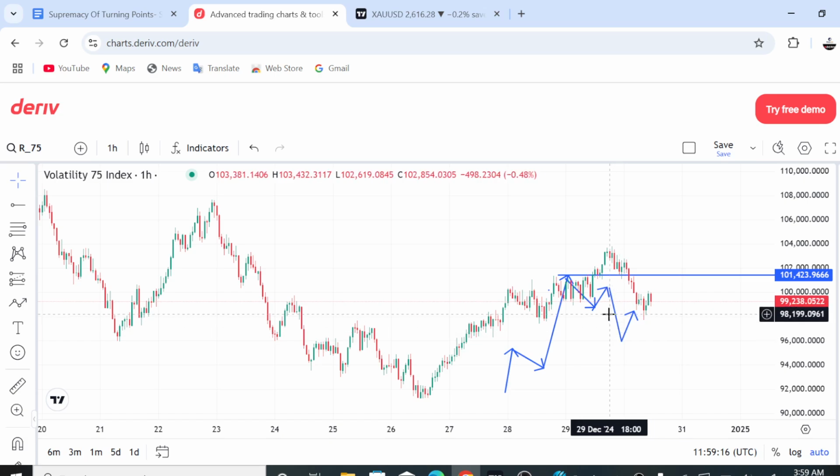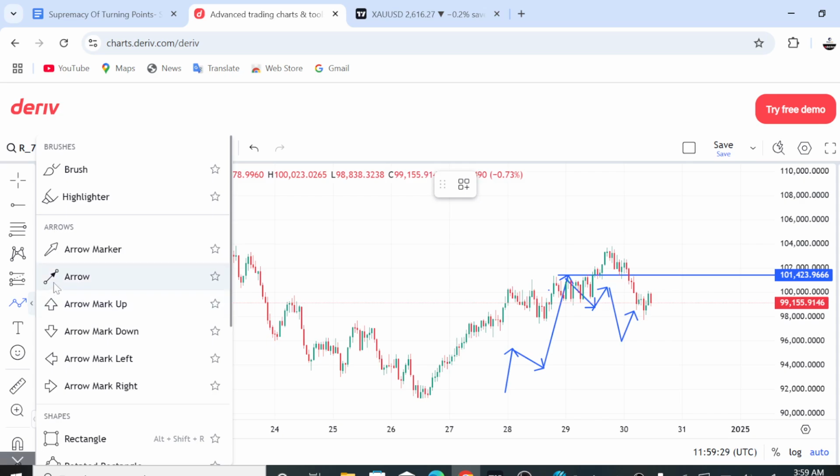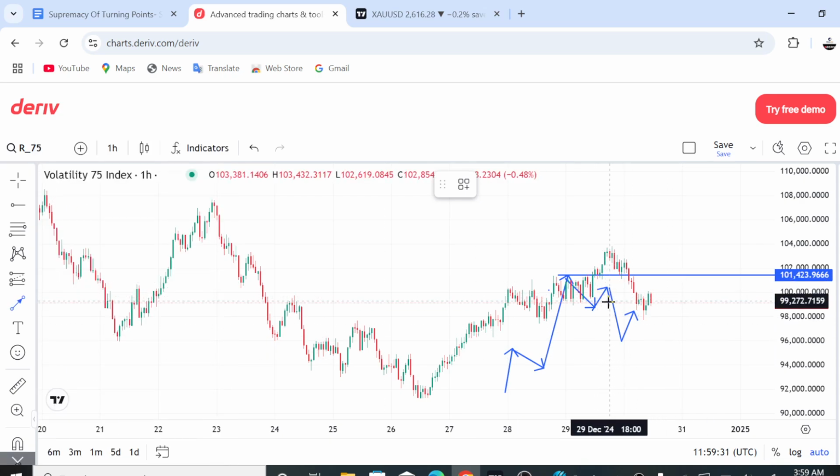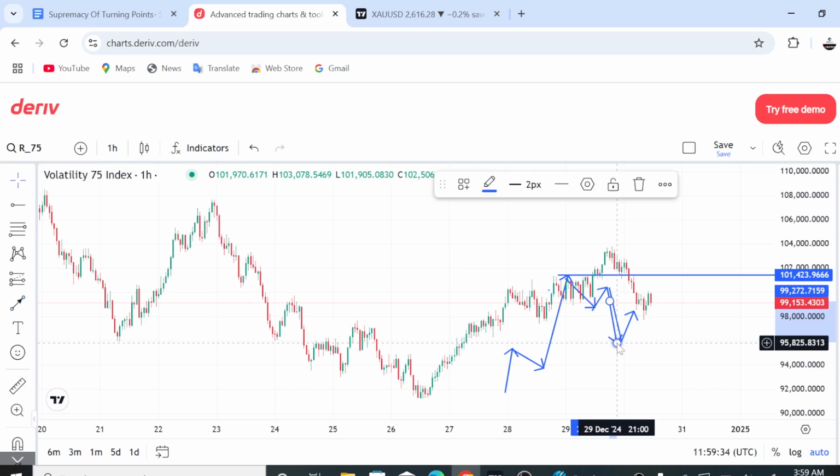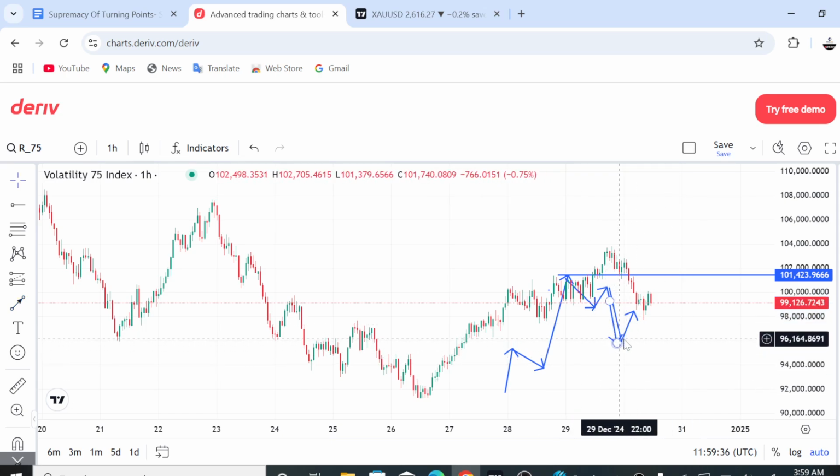Okay, it went down. So we need an arrow line to make this more practical. So we pick this arrow line, and then the market went down. Right now, as it went down, don't expect this low to create a high, because every low must create a high and every high must create a low.